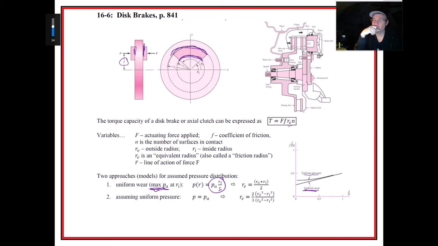If we could get the pressure uniform across the whole brake pad, we'd have more braking and stopping torque than we would if it was large in one spot and then got less and less as you went outwards right here. So you can see that that's true right here towards the lower end of the D over D. All right, so that's inside radius over outside radius, going up to 1.